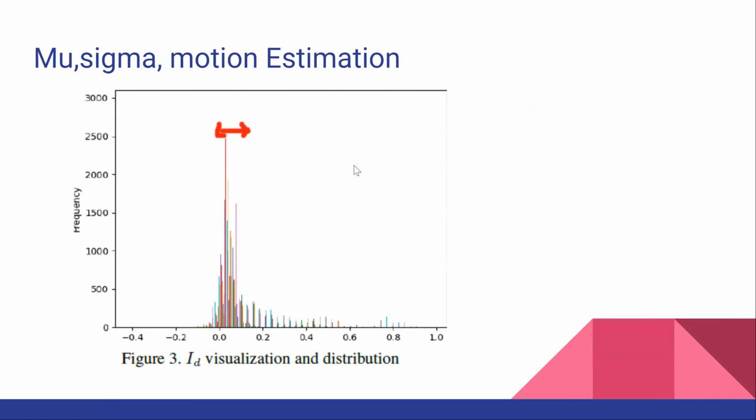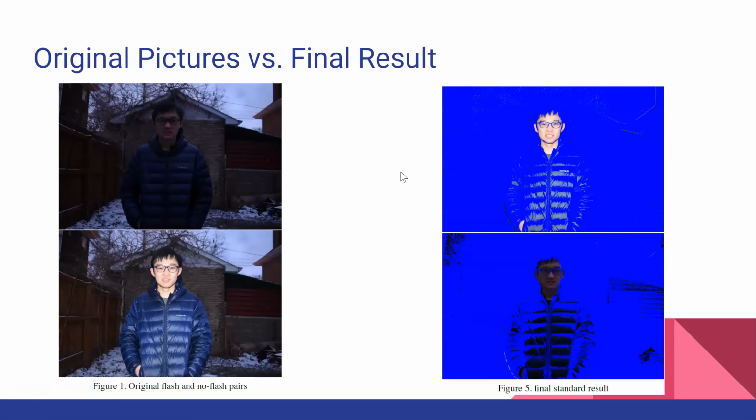And this is how we estimate the mu and sigma. So we simply find the mu and see from the graph how much it deviates from the first local bin or anything like that.